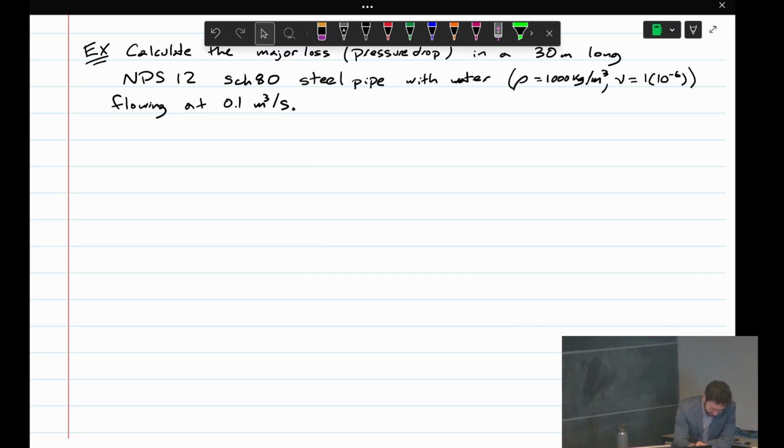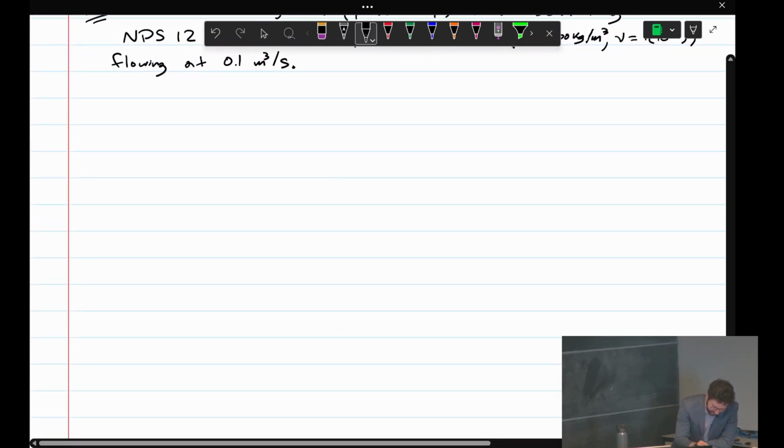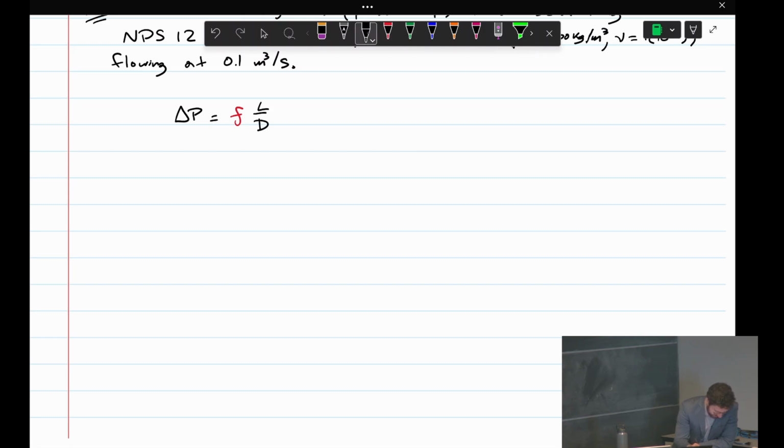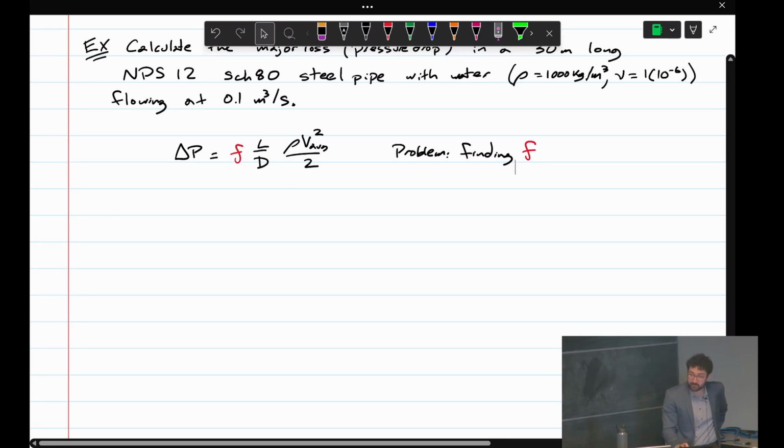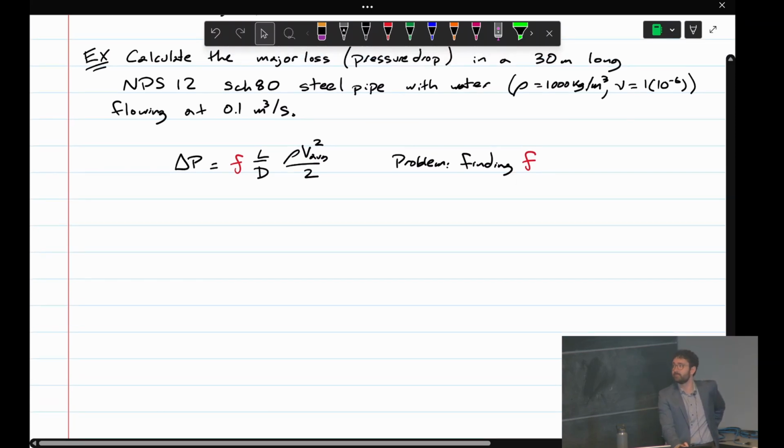But at the end, all this question boils down to is delta P equals f L over D rho V average squared over 2. So the problem is finding f. Any questions about this before I get into it?